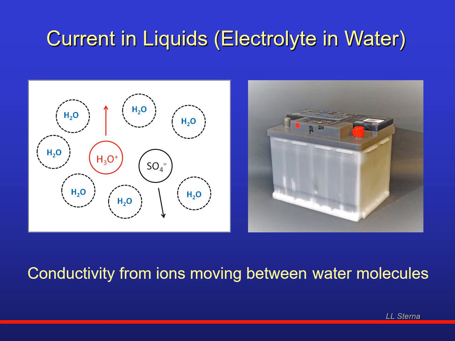So in the liquid, you have conductivity from ions that move between the water molecules. This battery can put out a large current of the order of amps. Large current to start a car engine, gasoline engine. So you can have a large current from these ions in liquid. We're not talking about electrons in a wire.